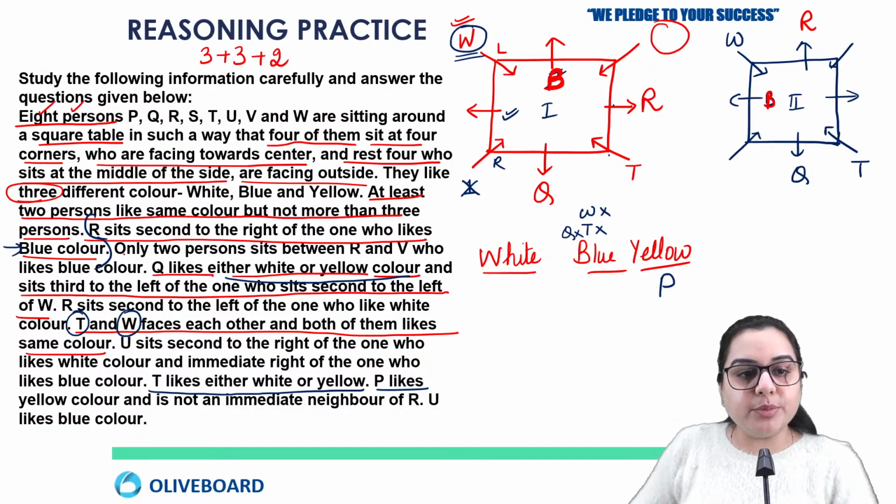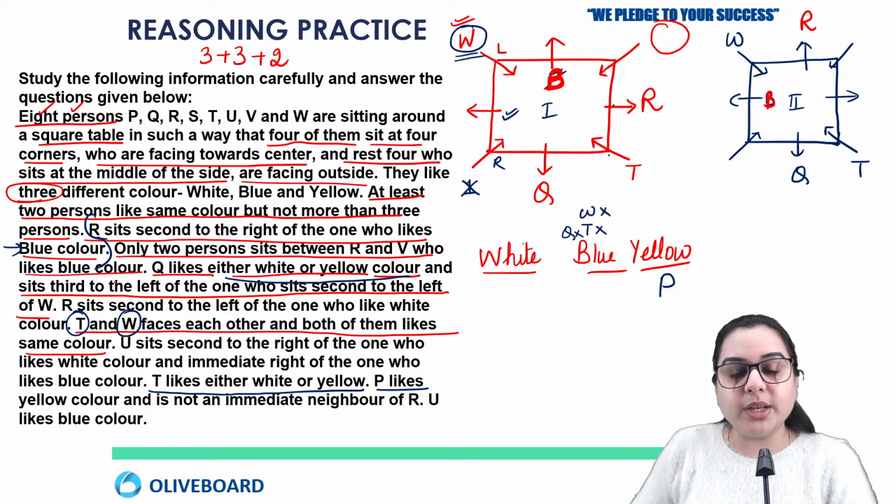Okay, next information: only two persons sit between R and V, who likes blue color.